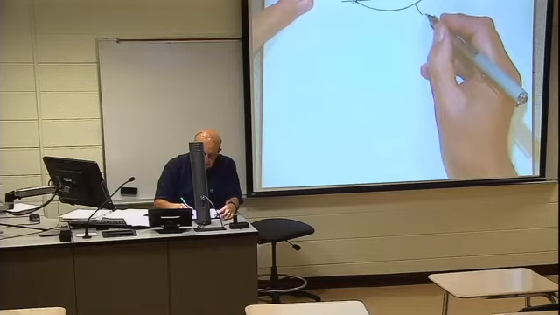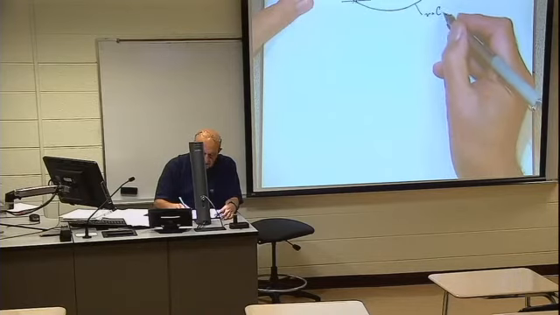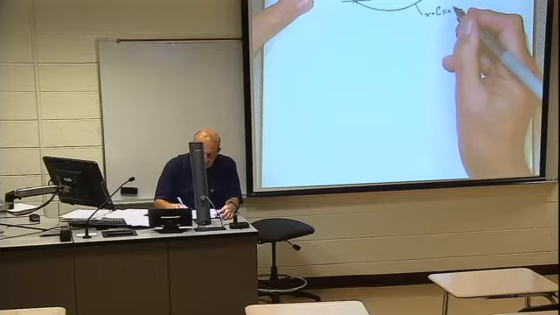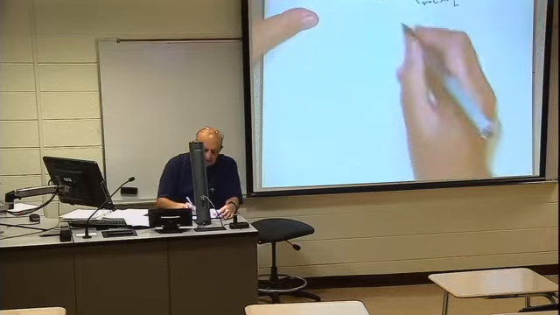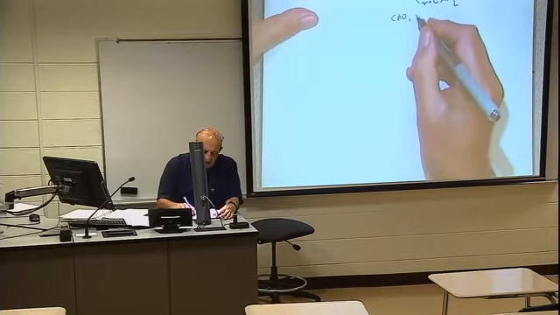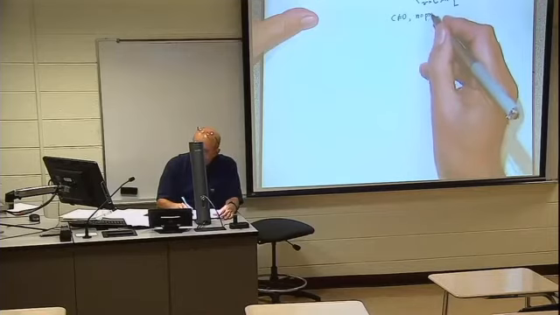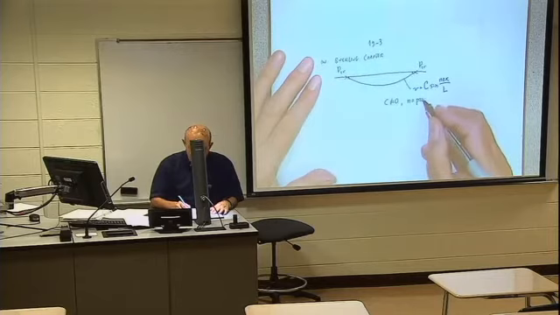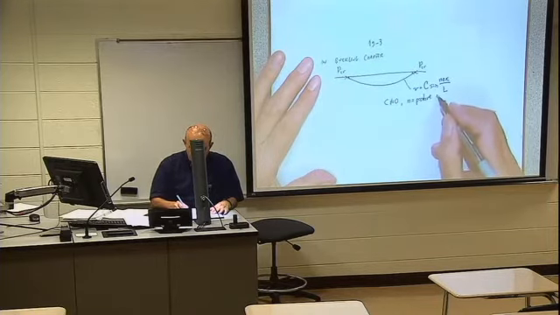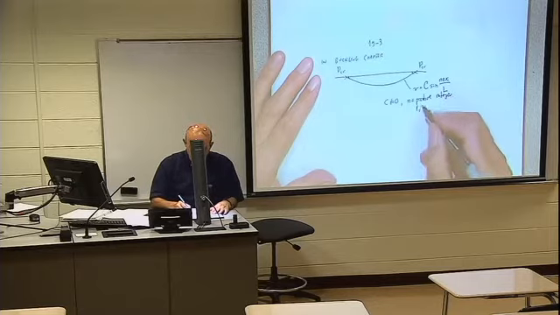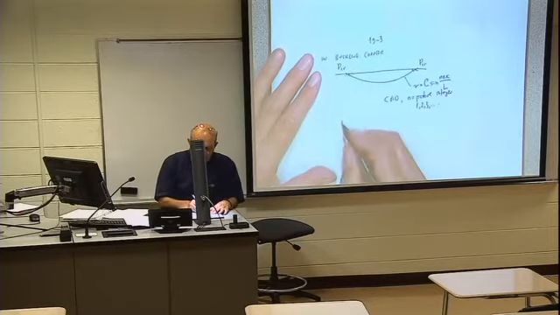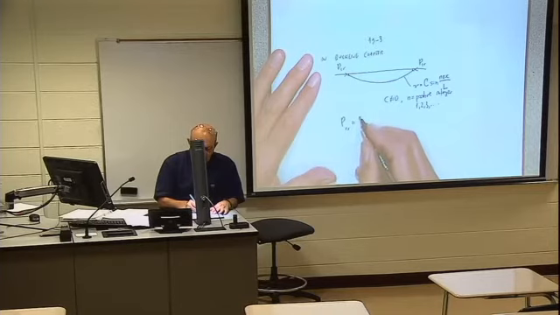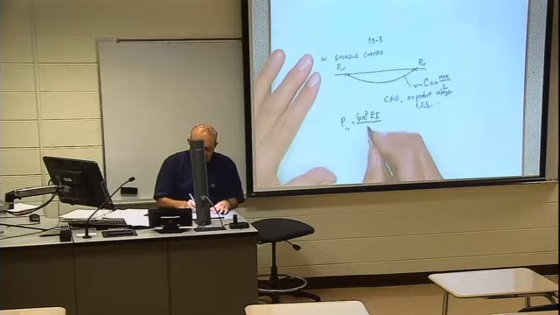So in this case, V equals some constant C times sine n pi x over L. C is not zero, n is a positive integer. 1, 2, 3, etc. And P critical equals n squared pi squared EI over L squared.